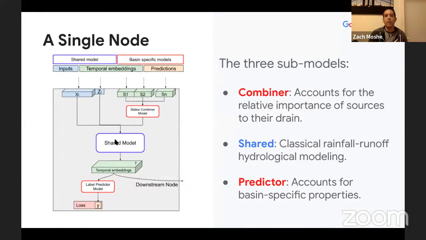The shared model will just flatten out all the features and predict a vector of size h, let's say 8. And the predictor will be a simple dense layer with a linear activation from a vector of size h to 1, the label. And the combiner will learn some transformation, let's say we have 3 children, from 3 over h to h. We'll just combine them together.